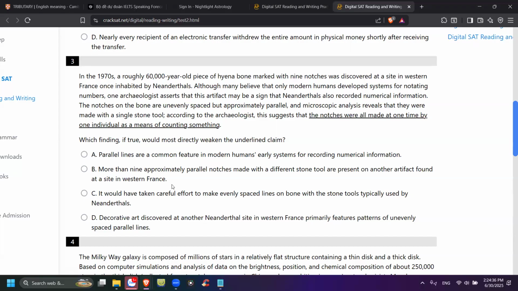What do you choose? I think it's B. B or D? I choose B, B. I choose B, yeah.